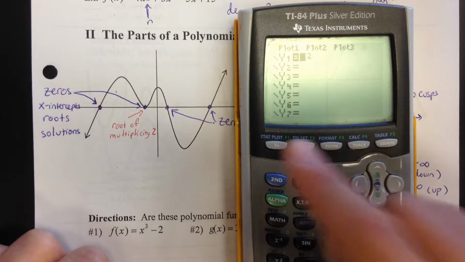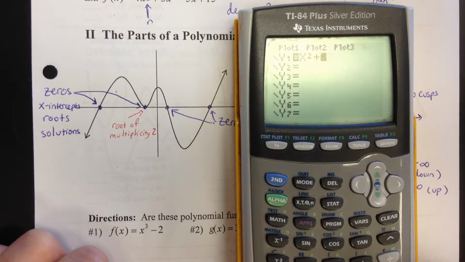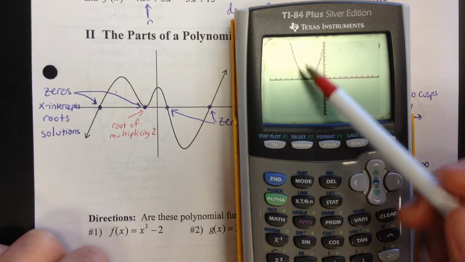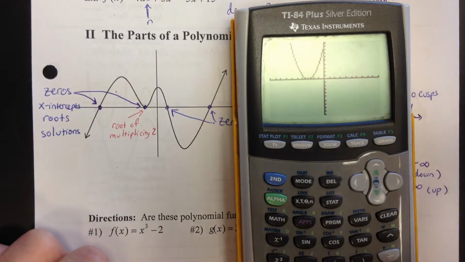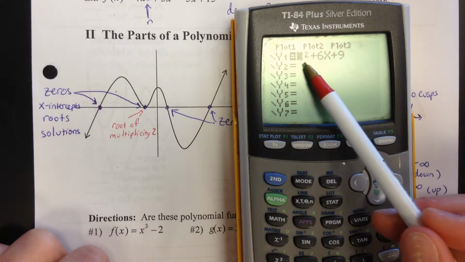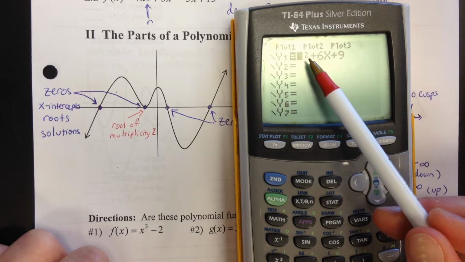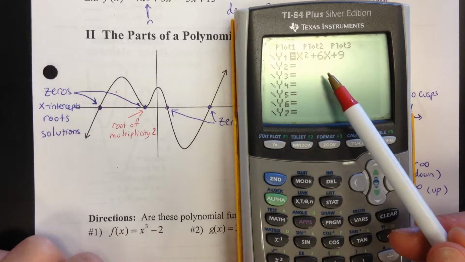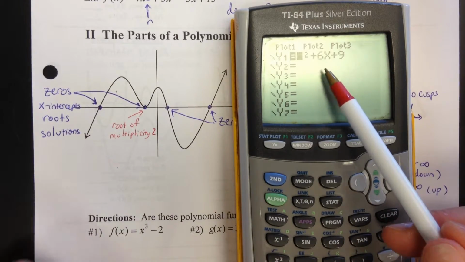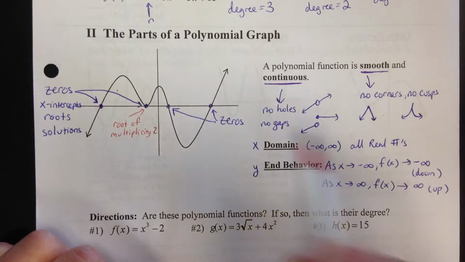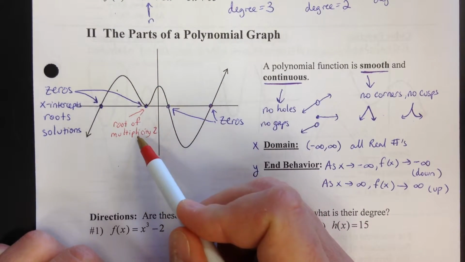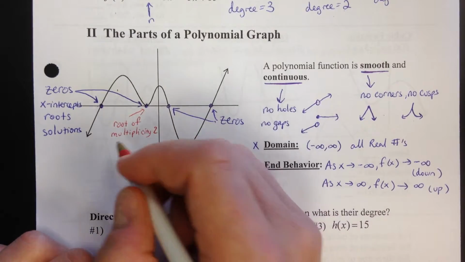If we have y equals x squared plus 6x plus 9, so there's your graph. If you were to factor that, it would be x plus 3 times x plus 3. So you end up with the same factors twice, so it ends up being the same solution twice when you solve it. Okay, so if you have this situation where it bounces back like that, we call it a root of multiplicity 2.